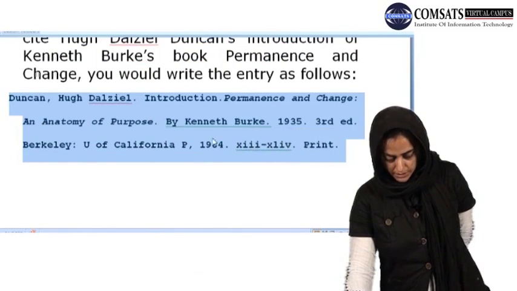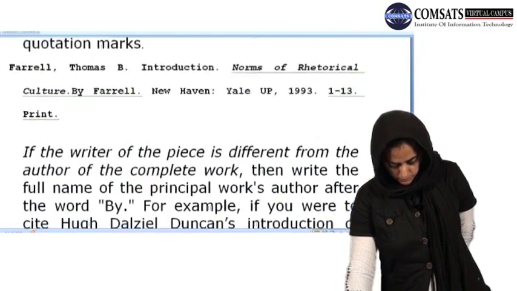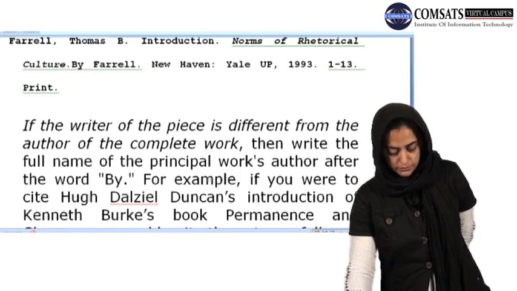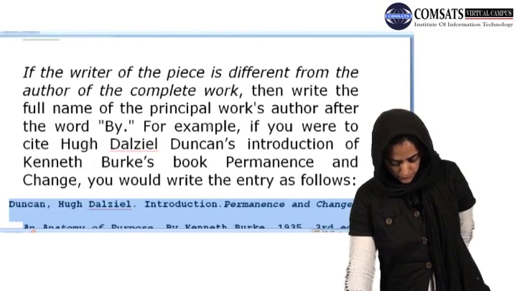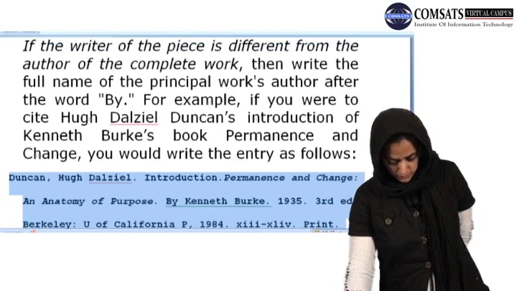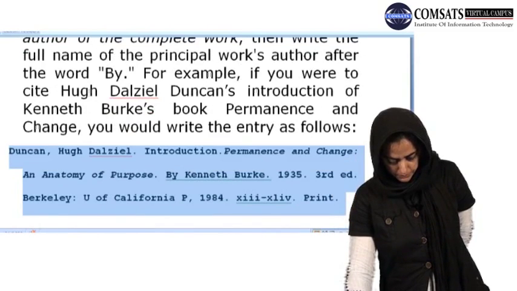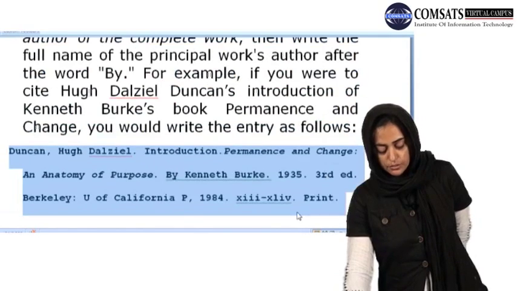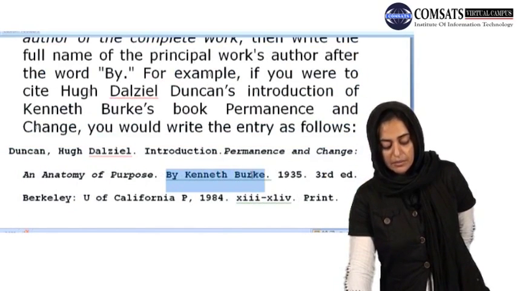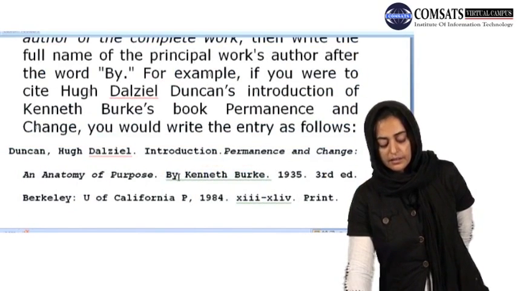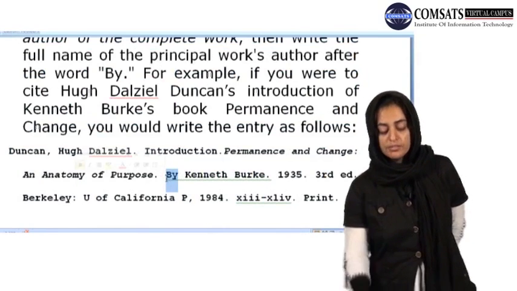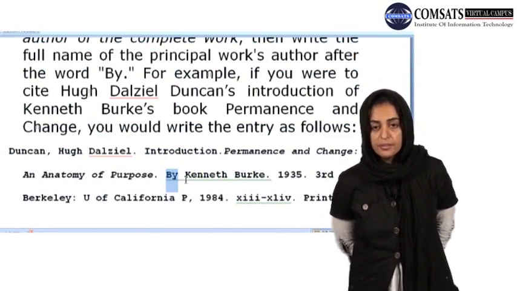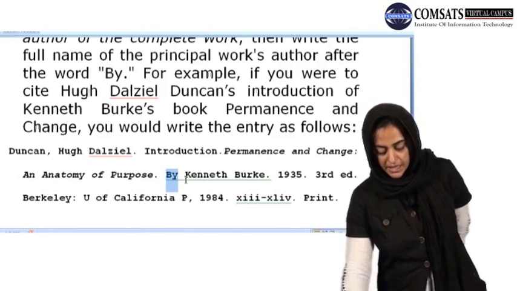Kindly have a look on the screen again. And dear students, do not forget to add the word by before the name of the principal author of the main work. Here, by Kenneth Burke.